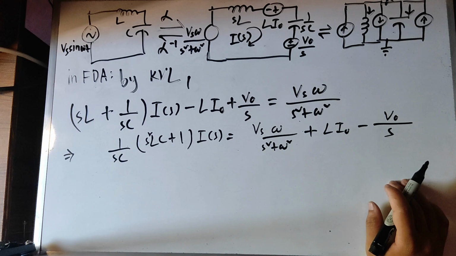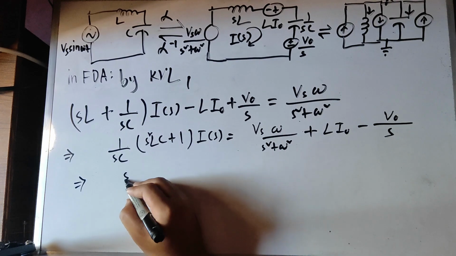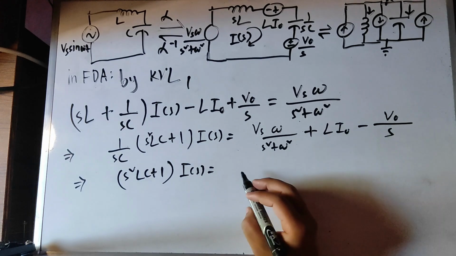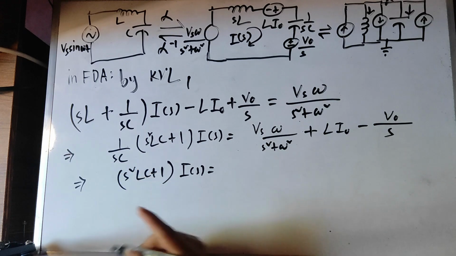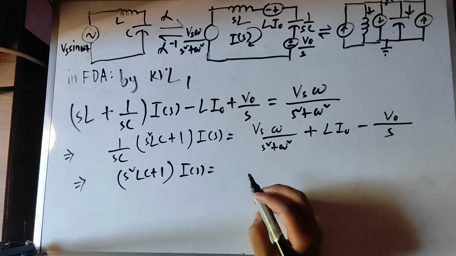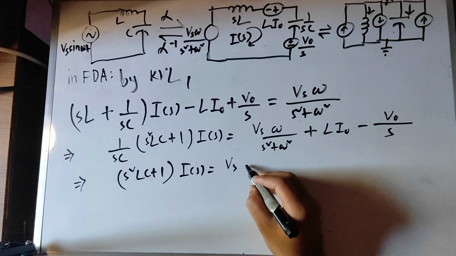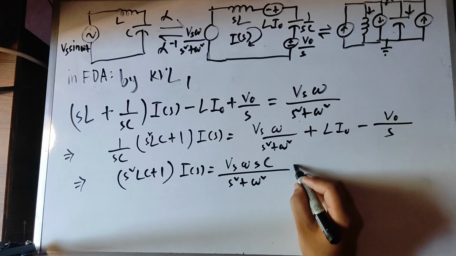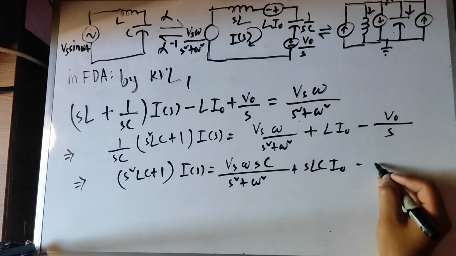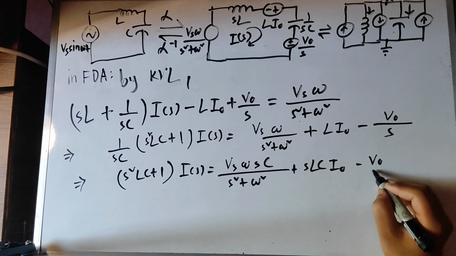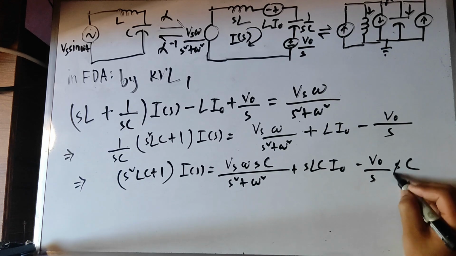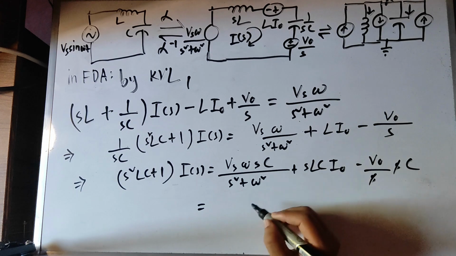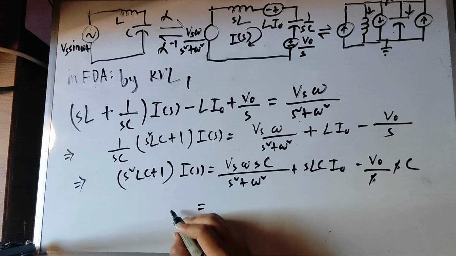We are now in this situation. Now (S square LC + 1) IS equals, if we take this SC to the right hand side, Vs omega SC / (S square + omega square) + SLC IO - VO/SC.